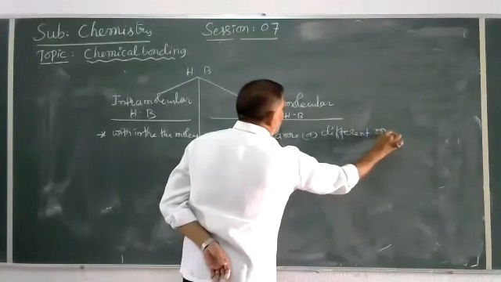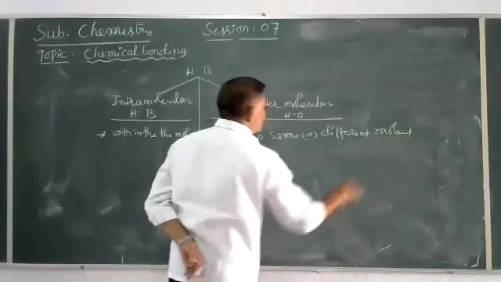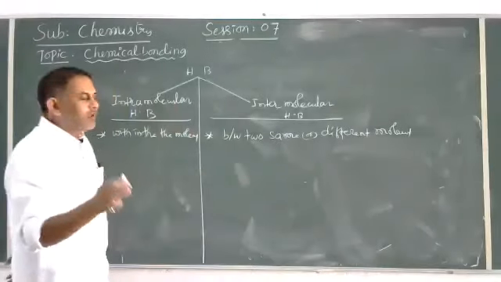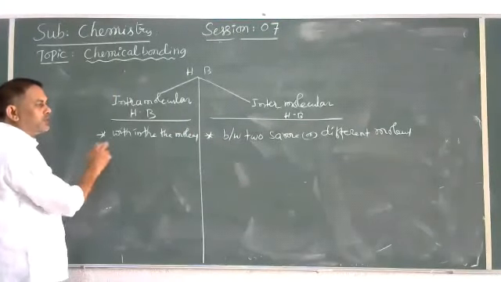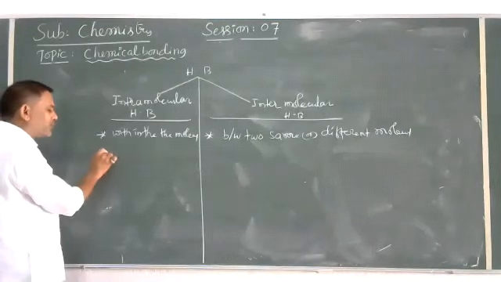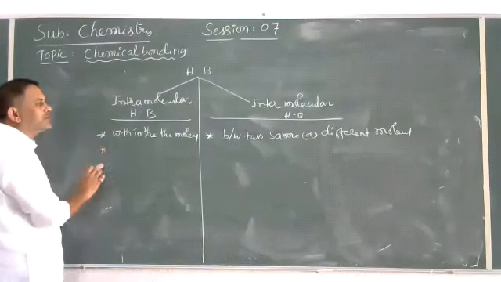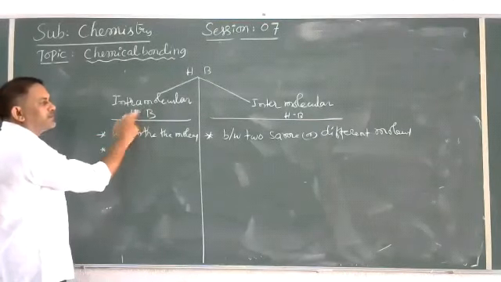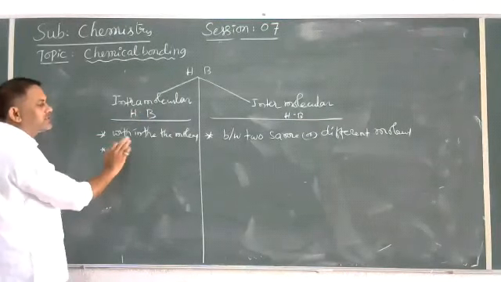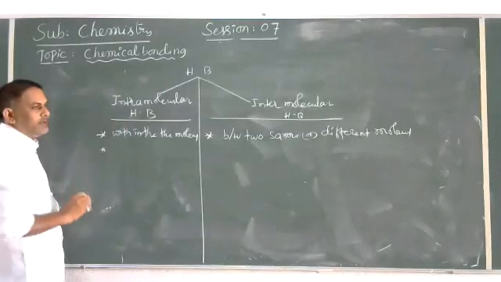Generally, in organic chemistry, in aromatic molecules, at the ortho position, groups linked with hydrogen and fluorine, hydrogen and nitrogen, and hydrogen and oxygen, there exists this type of bond.